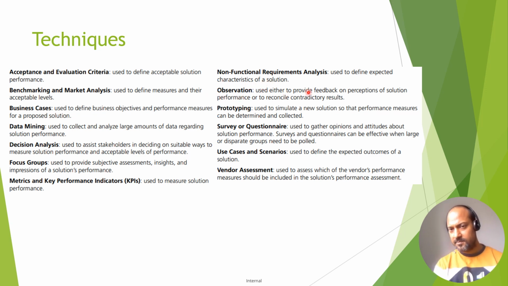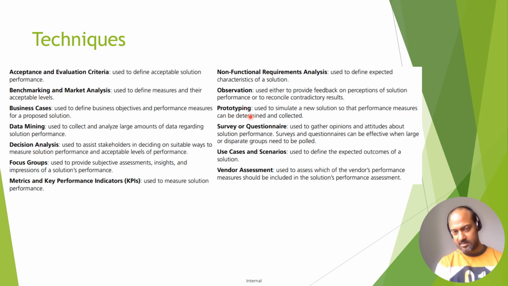Observation is used either to provide feedback on perceptions of solution performance or to reconcile contradictory results. Prototyping is used to simulate a new solution so that performance measures can be determined and collected. So when we said you should have some solution operational or partially implemented, where we said pilot, beta, and prototyping, right?